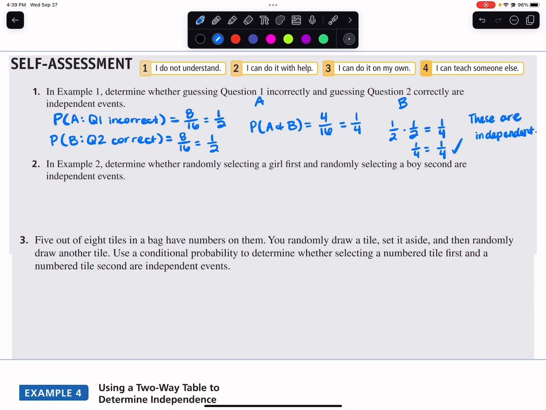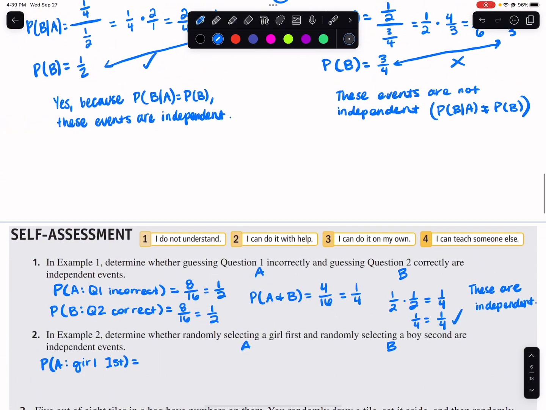All right, number 2. Determine whether randomly selecting a girl first, that'll be A, and randomly selecting a boy second, will be B. All right, so probability of A, girl first, going back up.